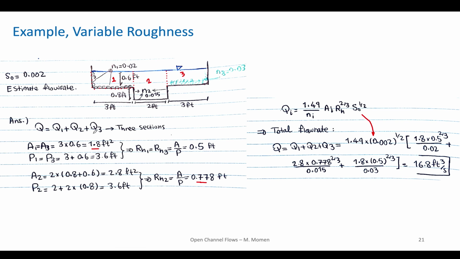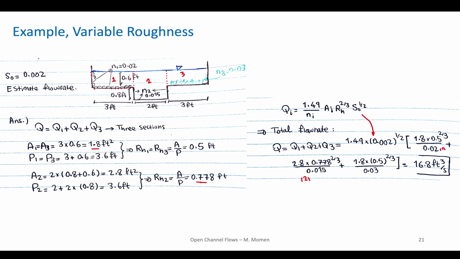So the first one is A1. A1 is going to be 1.8 times RH to power 2/3, which is 0.5 to power 2/3, over N1. N1 is 0.02. Okay, so this is for channel section 1. So for section 2, A is going to be 2.8 times RH, 0.778, to power 2/3 over N2, which is 0.015.